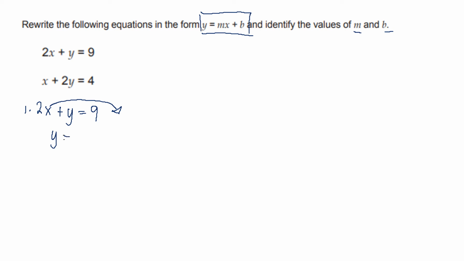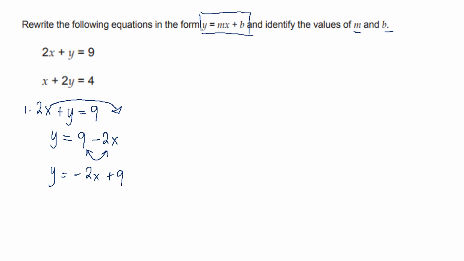So we will have y equals 9 will have to stay and it doesn't change the sign, while 2x will become negative. And then I can simply rearrange, switch their places so that I will get the mx plus b. So y is equal to negative 2x plus 9.